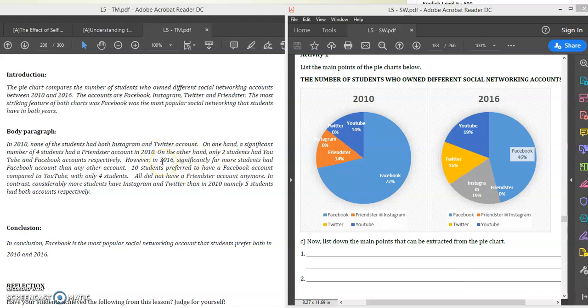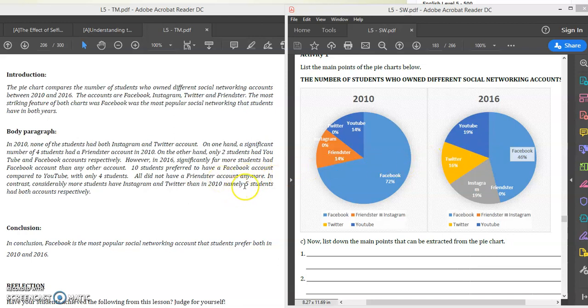And then we have in 2016, far more students had Facebook account than any other account. So again, a comparison between Facebook and any other account. 10 students preferred to have Facebook account compared to YouTube, with only 4 students. We're comparing Facebook and YouTube. All did not have a Friendster account anymore in 2016.